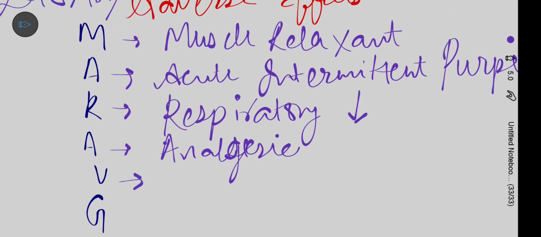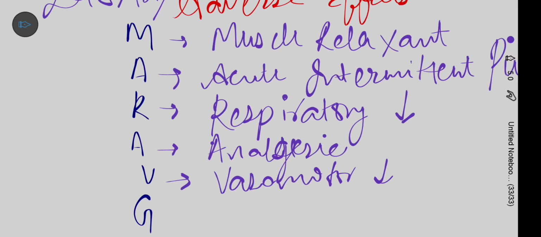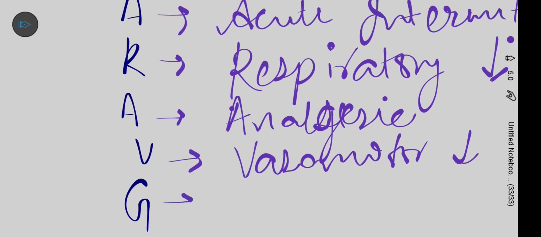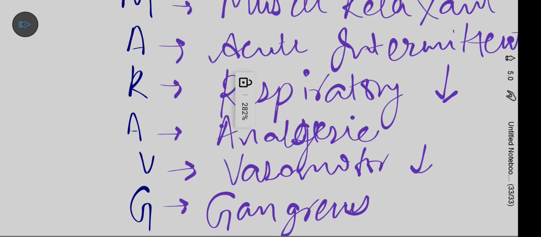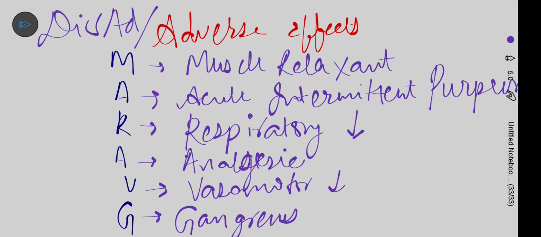V stands for vasomotor depression, and G stands for gangrene.